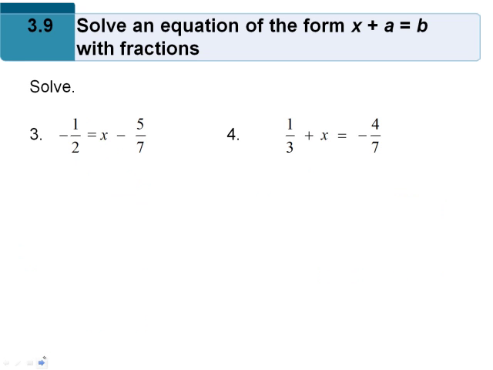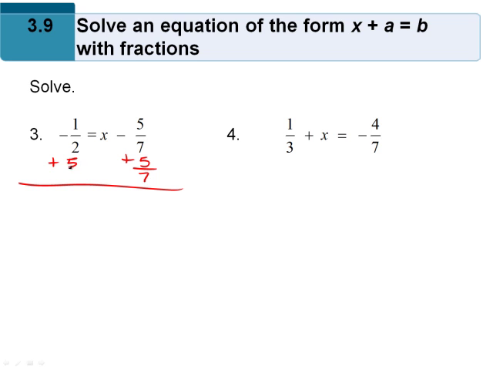Here's a couple more. Negative 1/2 equals x minus 5/7. The pain here is that we don't have common denominators, so we're going to have to go through those steps. The x is on the right-hand side with negative 5/7, so I add 5/7 to both sides.